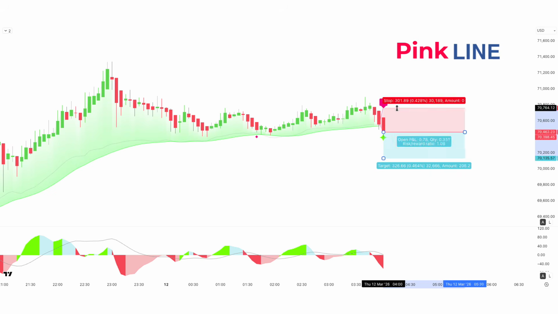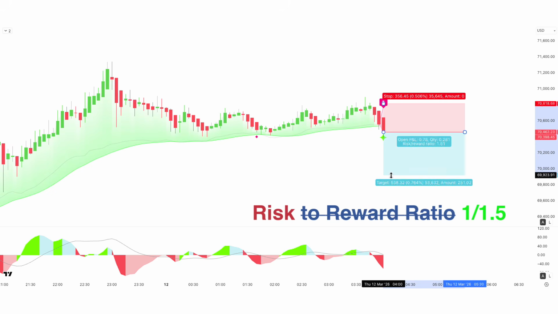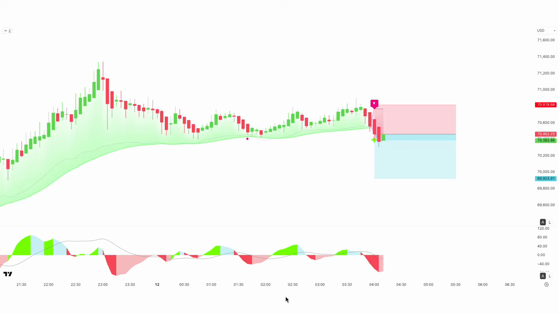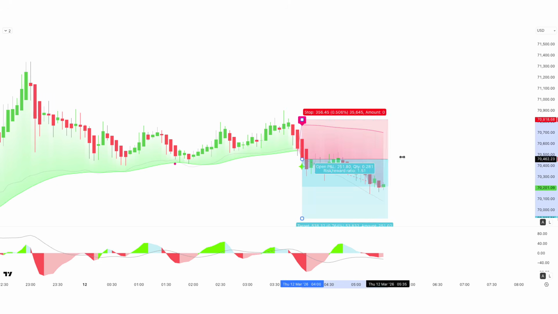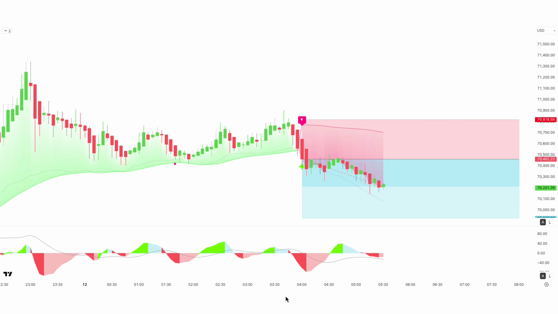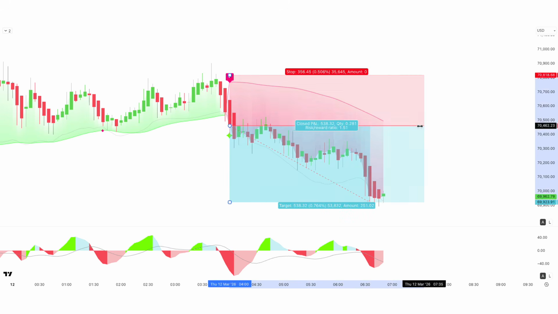Our stop loss is to be placed at the pink line, and the risk to reward ratio will be 1:1.5. The market has completely hit the target.